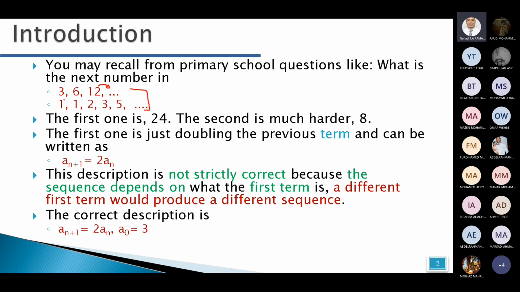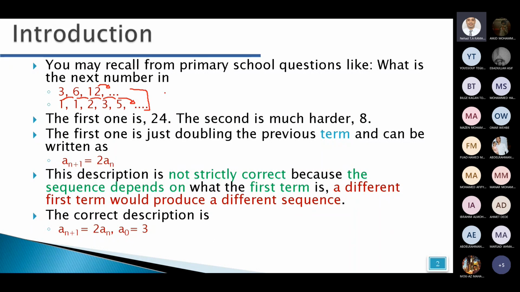Here is another sequence: 1, 1, then 2, then 3, then 5, then what is the next term?